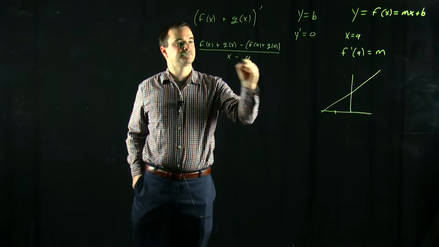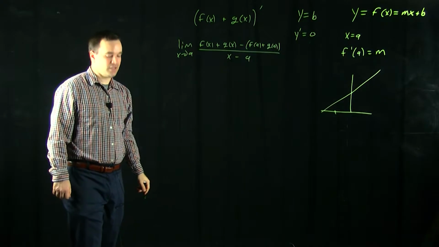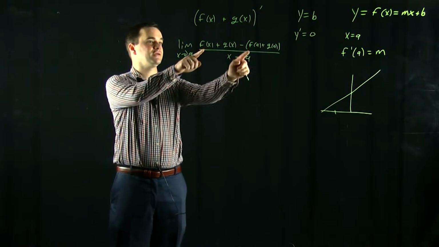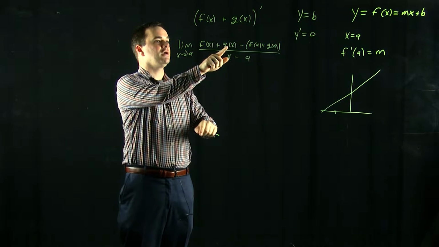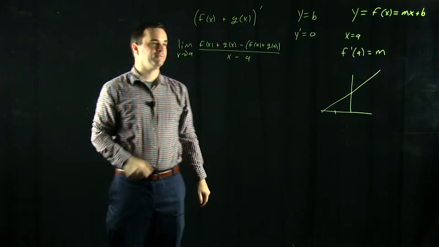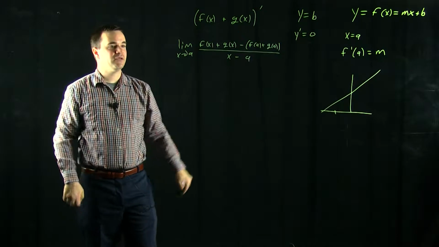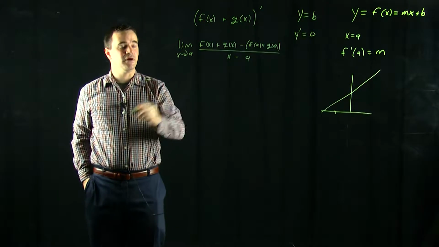and then you divide by x minus a. And what you do is you can just rewrite this as f of x minus f of a plus g of x minus g of a, and then use the sum limit law.